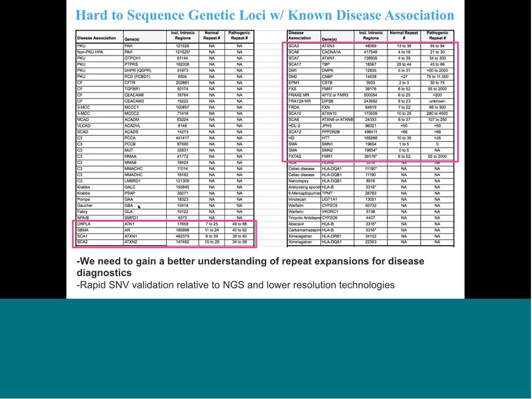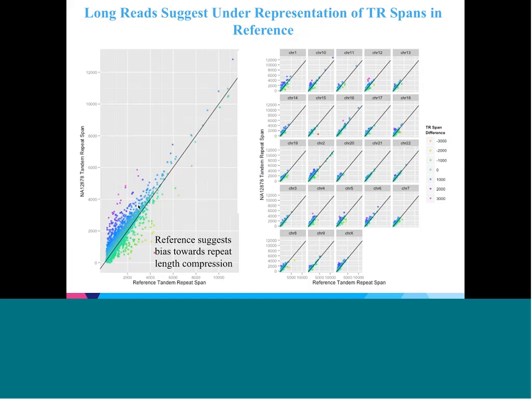So another way of looking at this in a data-driven approach is to take some of our data shown on the y-axis, which are basically just all TRs up to 10,000 base pairs, and plot them against what's predicted by standard references to date.